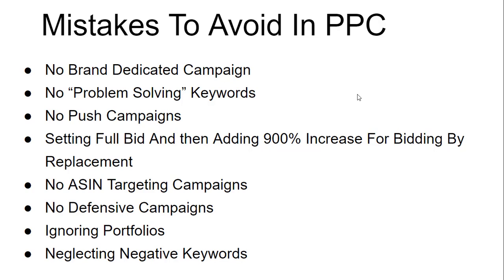The first mistake people make is that they don't run brand dedicated campaigns. In brand dedicated campaigns, we add our brand name with our researched keywords in our Amazon PPC search terms.